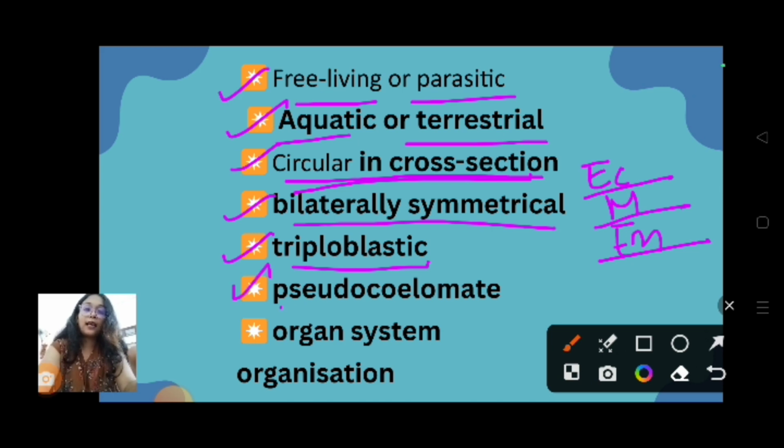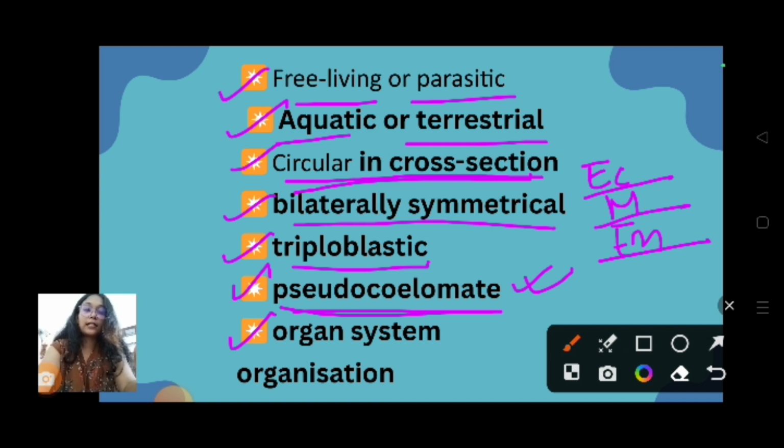They are pseudocoelomate, means they are having false coelom, false body cavity. We have already discussed coelom body cavity in our first introductory video. If you have any doubt, go through that video, or the introductory video from this chapter.